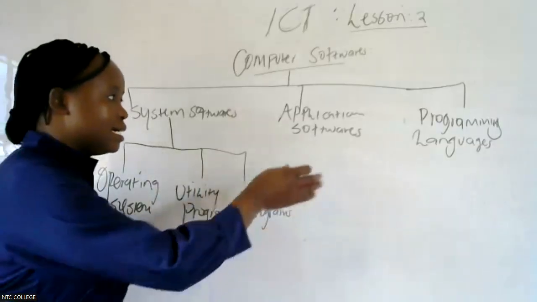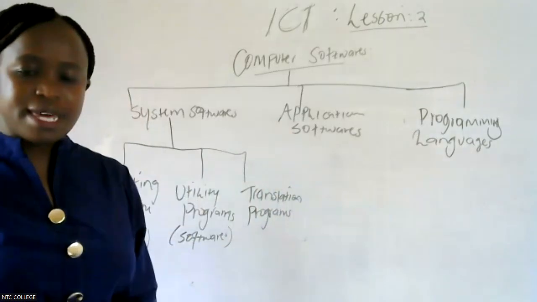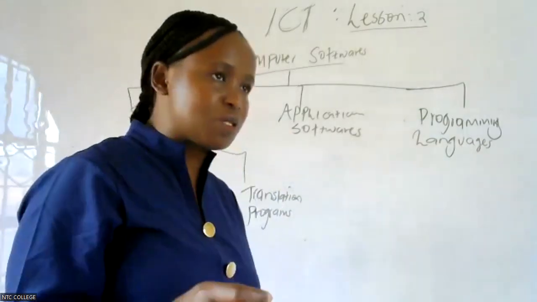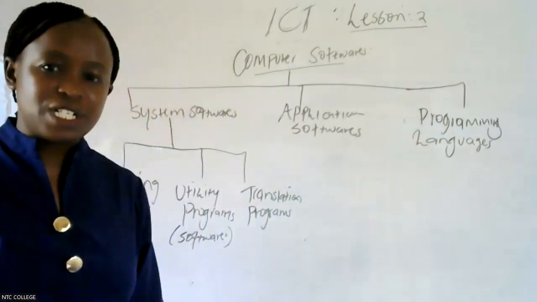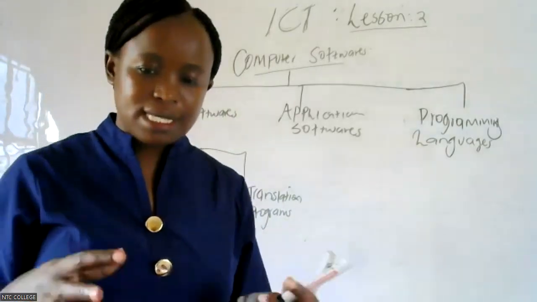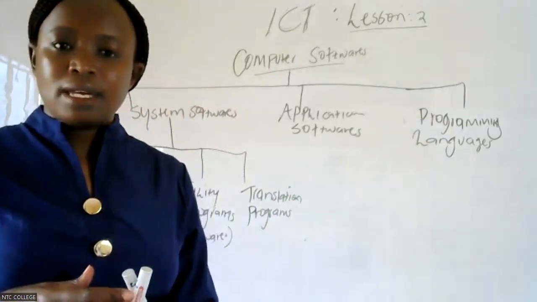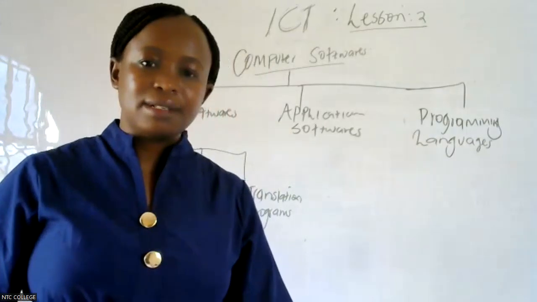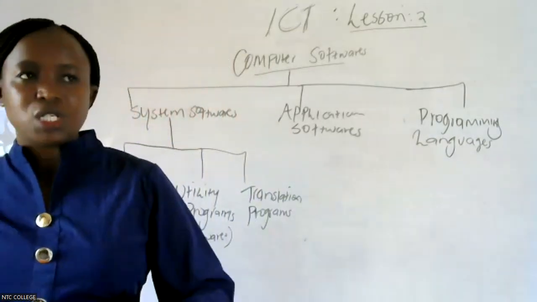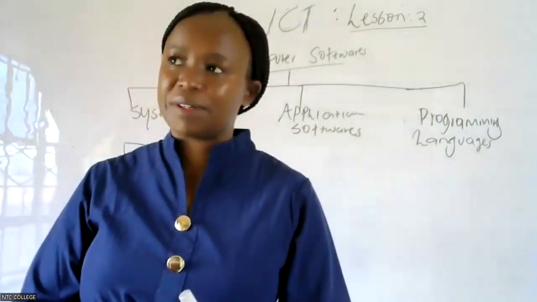Then, here in the middle, we have the application types of computer softwares. We have the application softwares. What is an application? An application, as we normally interact with them, is just a program designed to enhance our operations.